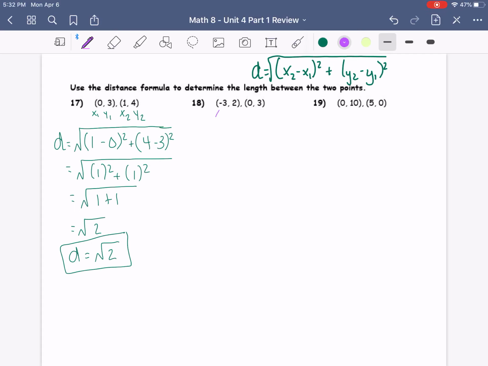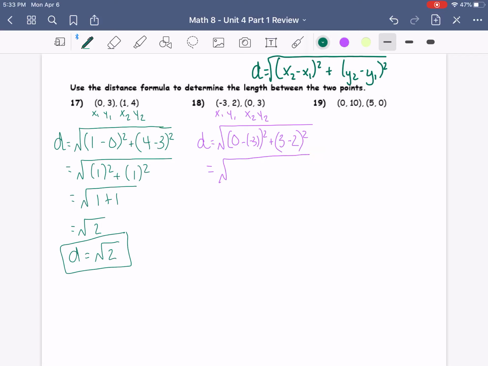On 18, set 1, x1, y1, set 2, x2, y2. x2 is 0 minus x1 is negative 3. y2 is 3, y1 is 2.